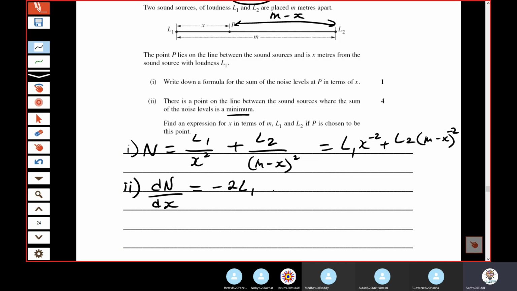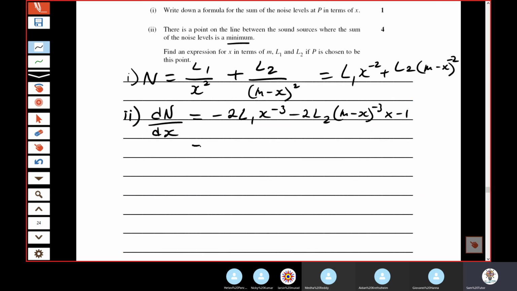So -2, L1, x to the -3, plus negative 2 L2, m take away x to the -3, times the derivative of the inside because you're using chain rule, negative 1. We're okay with that? Not too bad, right? It's the solving bit that's going to be hard.